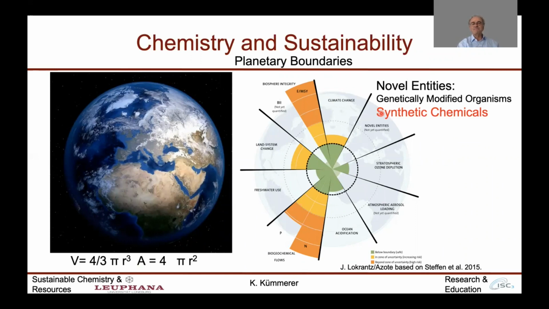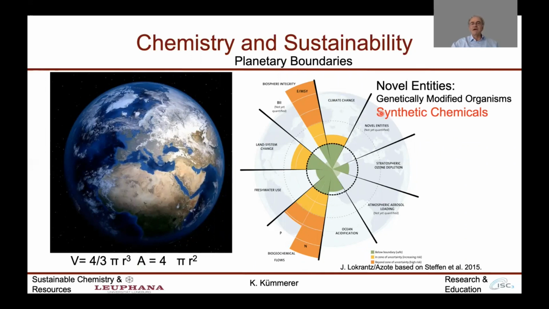There's this concept of planetary boundaries developed by Rockström and Steffen. And I think it's quite clear the volume and the surface area of a globe is limited. So they developed a nice approach to see where we are already coming close to these planetary boundaries, what we can afford, what the planet can carry.